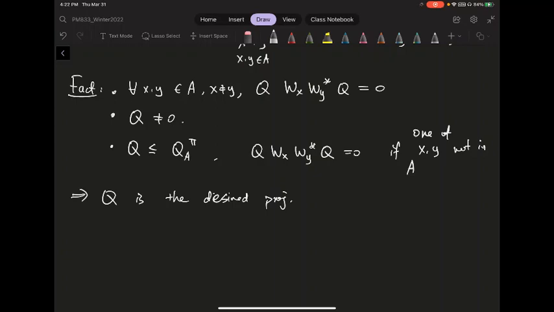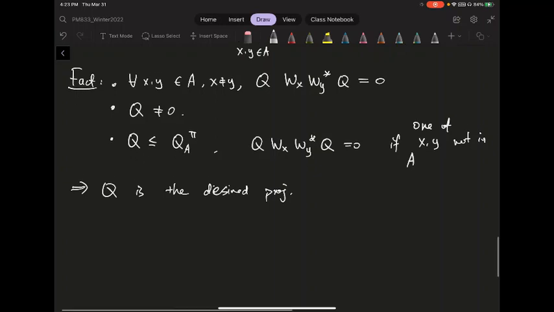So in other words, whenever we have a faithful representation on the diagonal algebra, we can also always have a contractive representation, and this is sometimes called a conditional expectation.